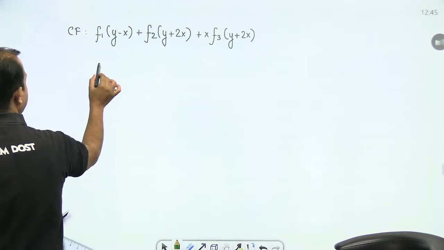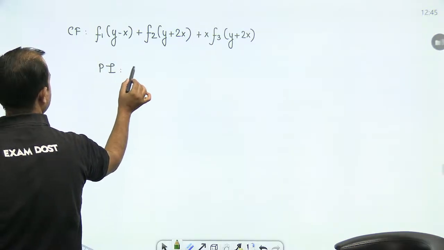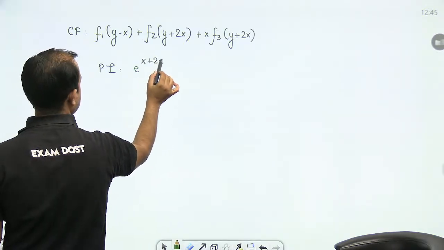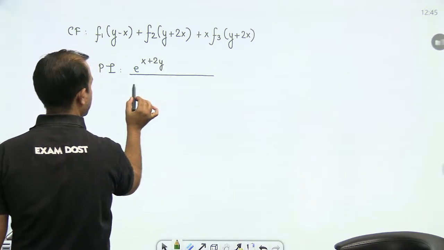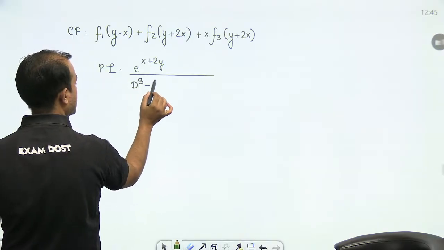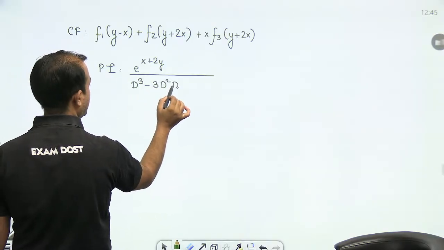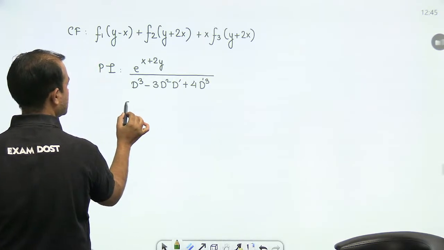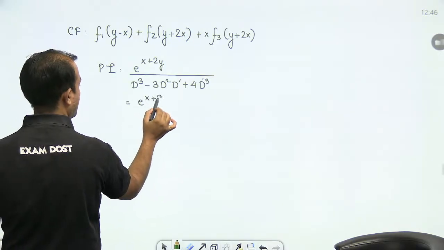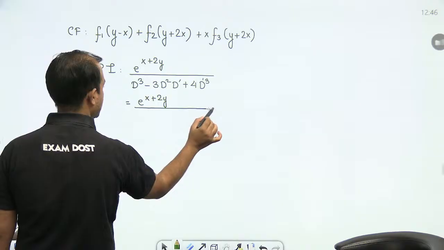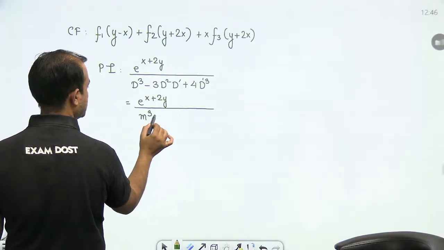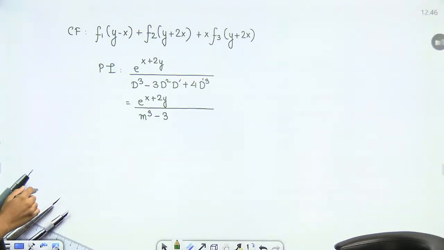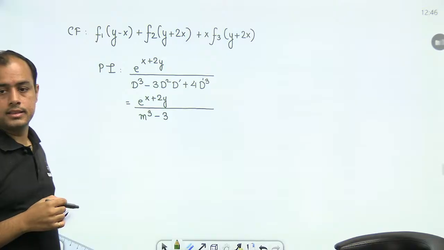What about particular integral? E to the power x plus 2y upon d cube minus 3d square d dash. d dash is 1 and d is m.